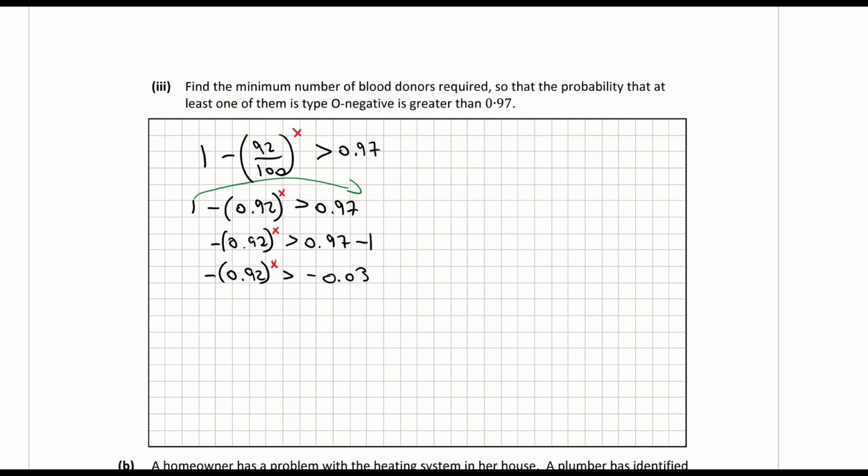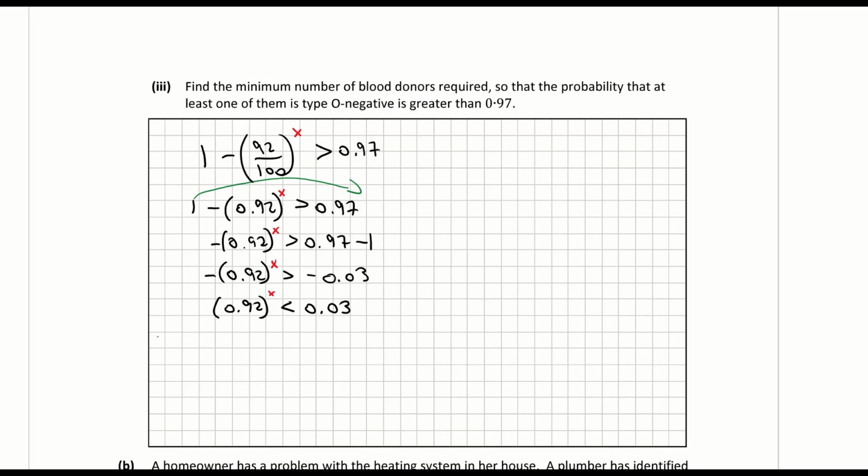So that's giving me minus 0.92 to the power of x greater than 0.97 subtract 1, which is negative 0.03. You'll notice here I have a negative on both sides, so we can change the signs, or in other words, divide across both sides by a minus. And just remember with inequalities, when we divide by a minus, we must change the direction of our inequality sign. So here I'm changing the signs, so I must change the inequality as well.